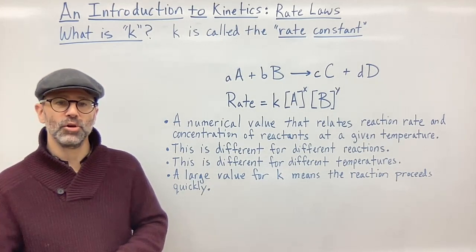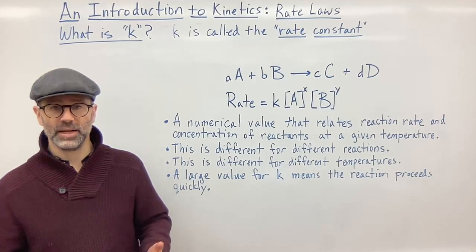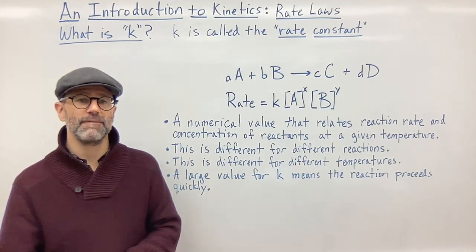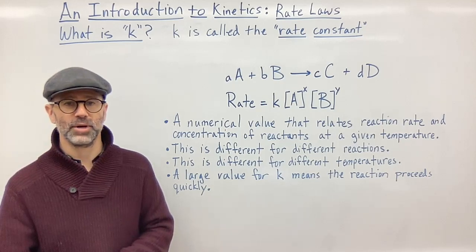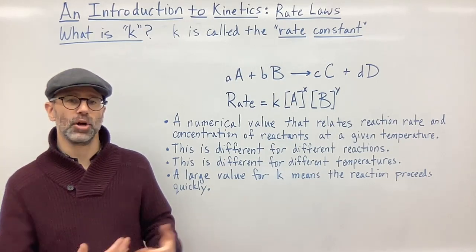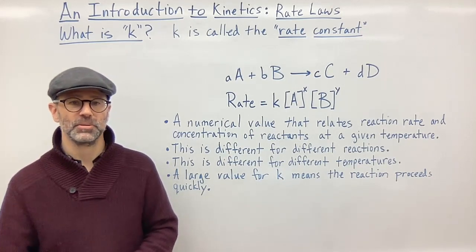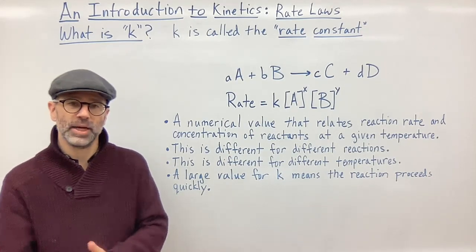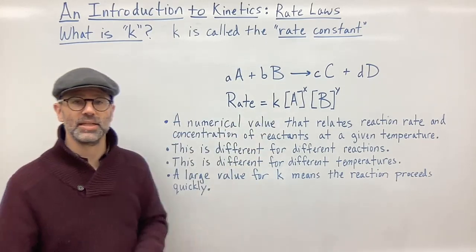And also how big the K is, or the rate constant, is going to determine how fast the reaction is going. So larger K values mean that the reaction is going to proceed more quickly than smaller rate constant values. Okay, so that's a little bit of an introduction to what we mean by K here, what this represents.